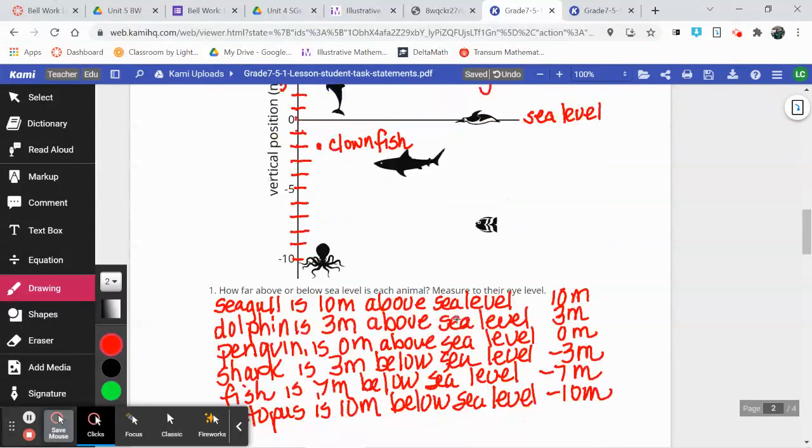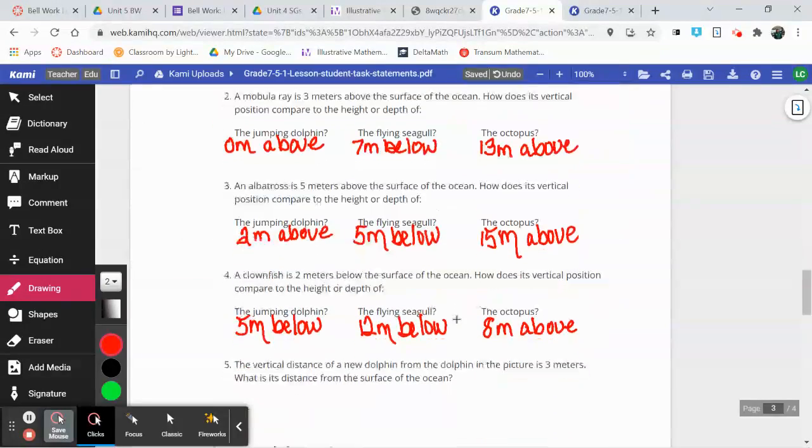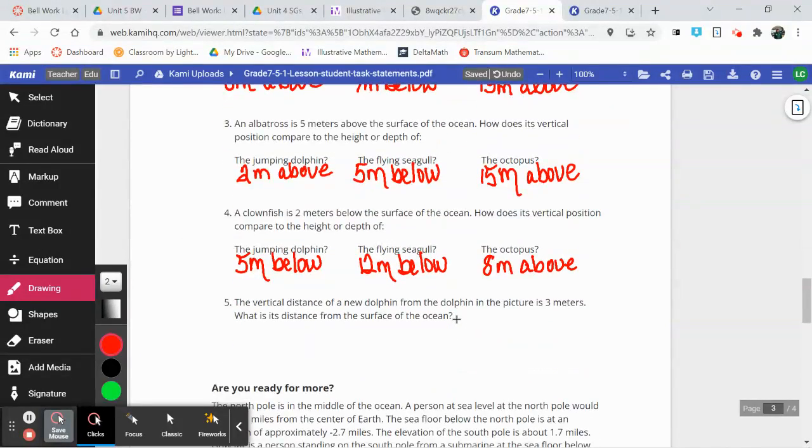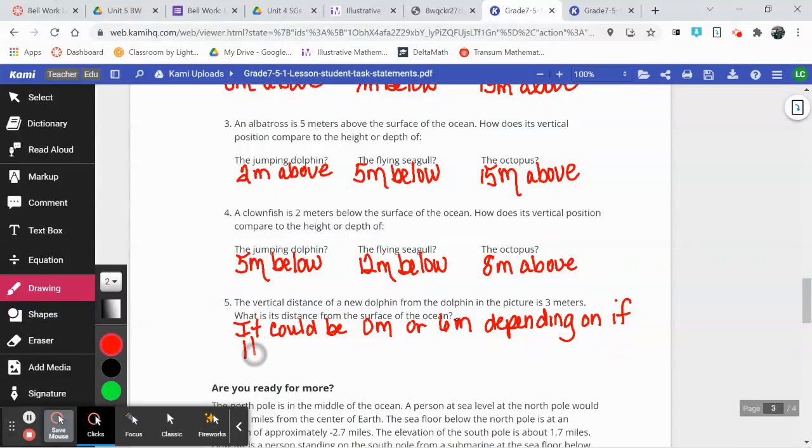So since it doesn't say above or below, it doesn't give us enough information. It could be 0 meters or 6 meters, depending on if it was 3 meters above or 3 meters below the dolphin.